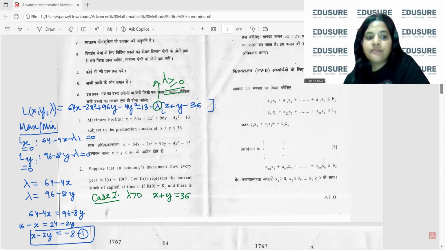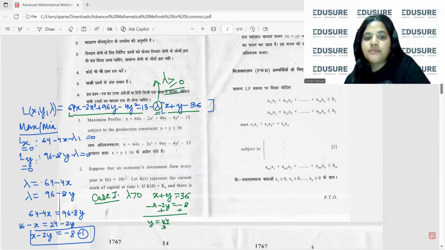That is our condition, because I want this to be maxima. So solve these two equations: x plus y is equal to 36 and x minus 2y equals minus 8. So y will be equal to 44 upon 3.